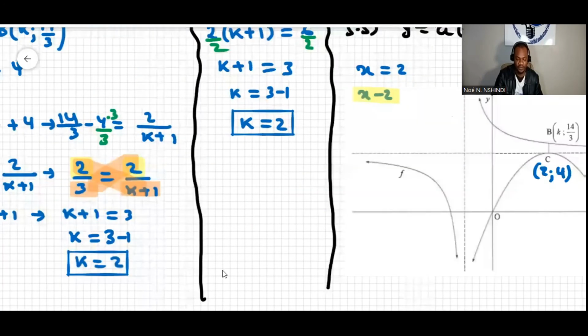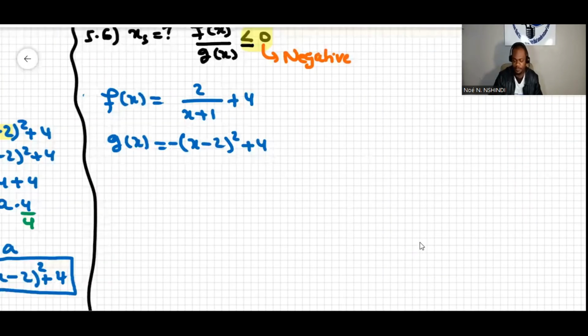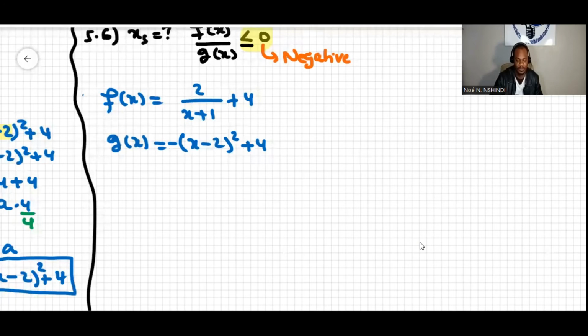So we already have it right here, the critical values. We have -3 over 2.